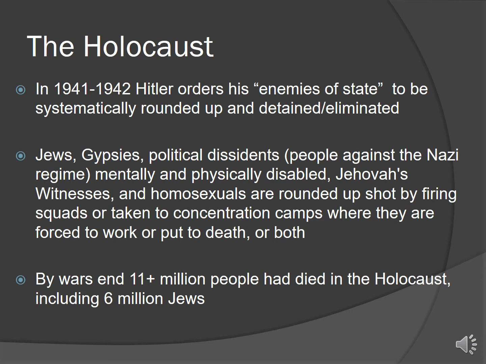So where it was not possible for the Nazis to round up large populations of Jews or gypsies or political dissidents, etc., they would go into these remote villages, and they would literally take everybody in the town who belonged, at least in their mind, to any of these groups, and they would take them to the outskirts of the town and line them up and shoot them all.